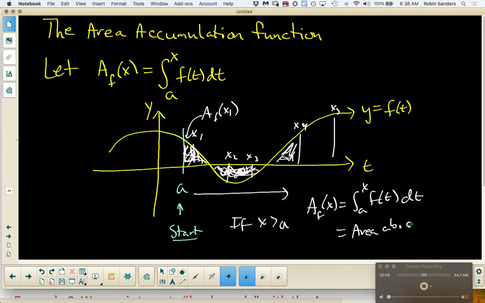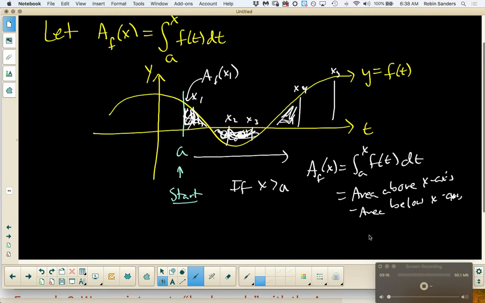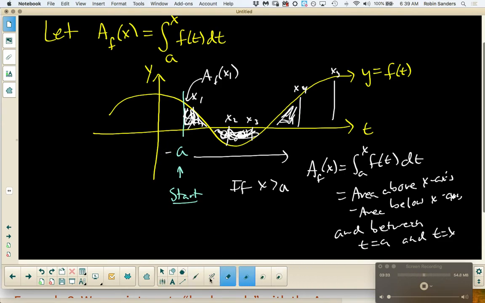And my handwriting is letting me down. So it's the area above the x-axis minus the area below the x-axis, and between t equals a and t equals x, because formally this line is t is equal to a.